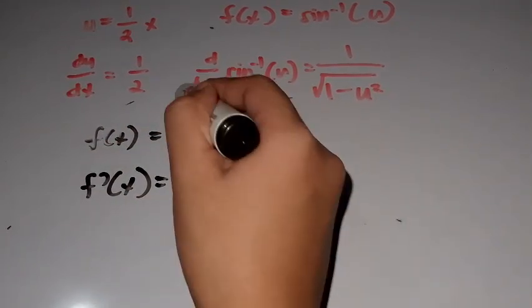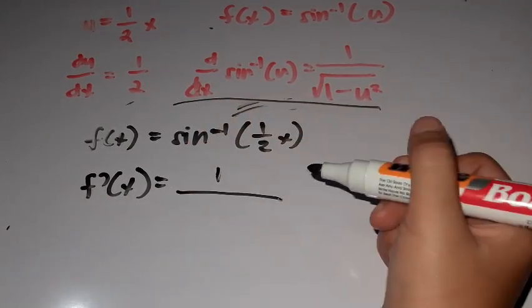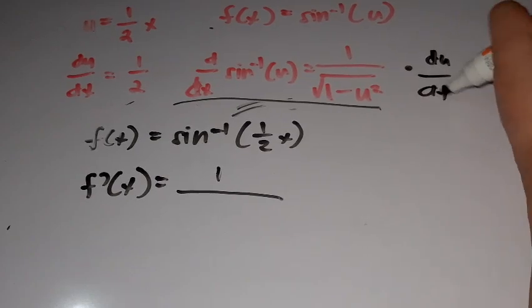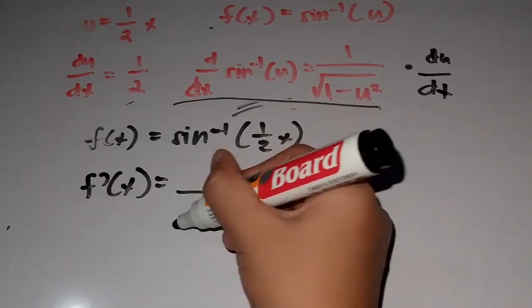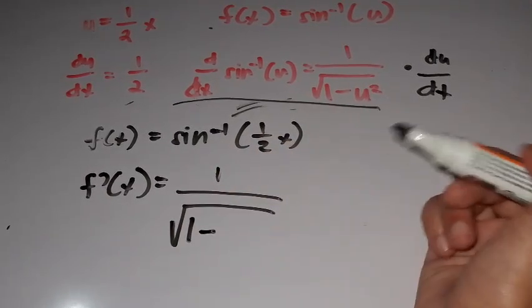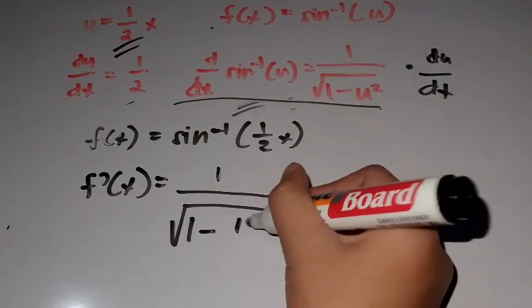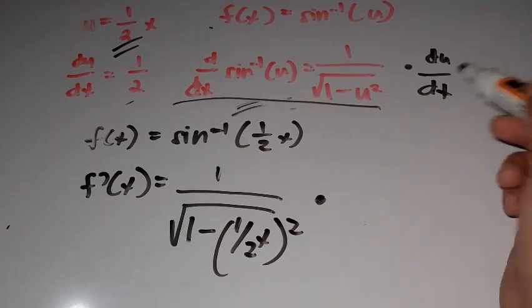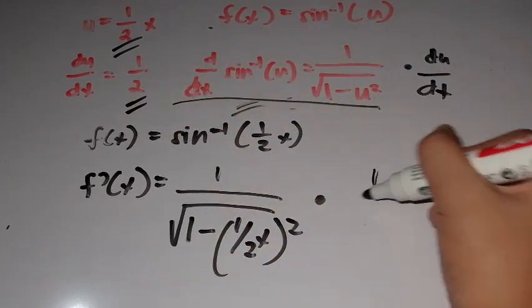We're going to use this formula: 1 over square root of 1 minus u squared, multiplied by du/dx. Our u here is 1/2 x, so 1/2 x squared, multiplied by du/dx. Our du/dx is 1/2.